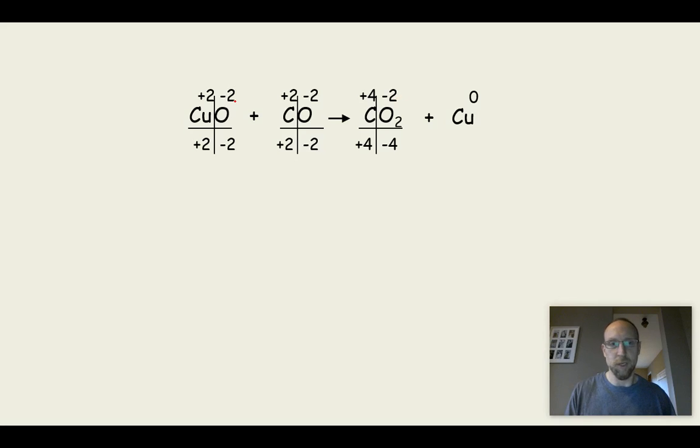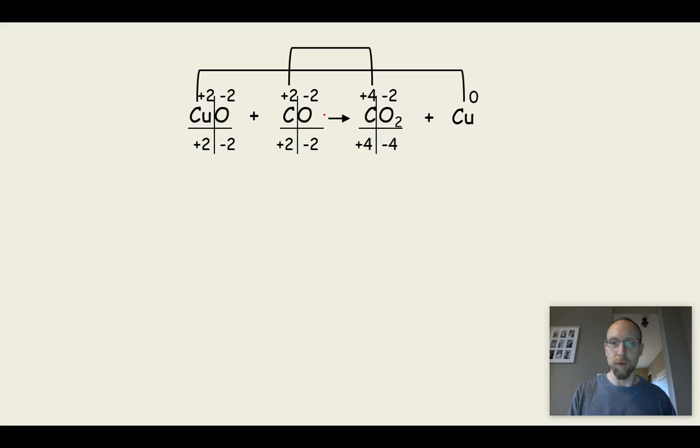It doesn't change, so oxygen doesn't matter. Copper goes from +2 to 0, and carbon goes from +2 to +4. Those guys changed. Oxygen didn't change, so we don't really care about it here. Once you figure out who changed, those are the 2 things you want to focus on. Everybody else doesn't really matter.